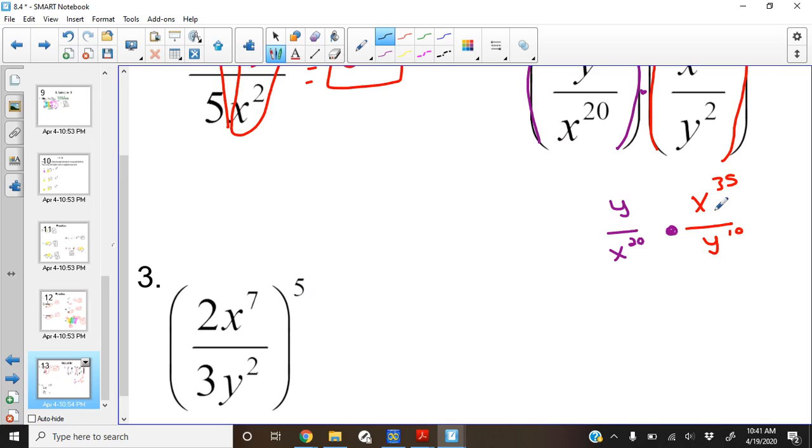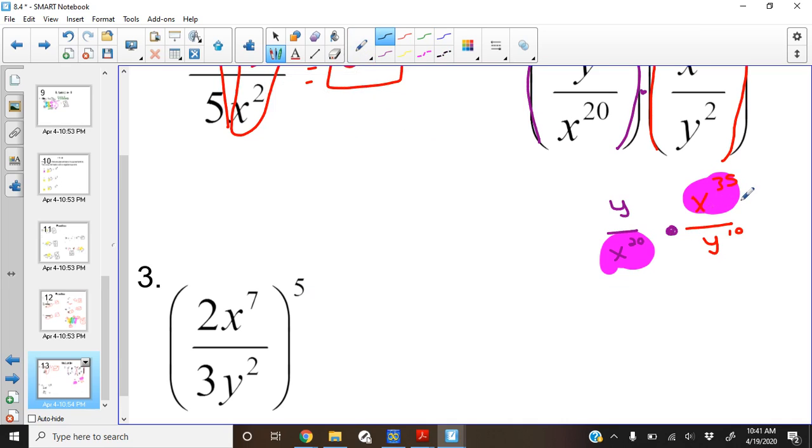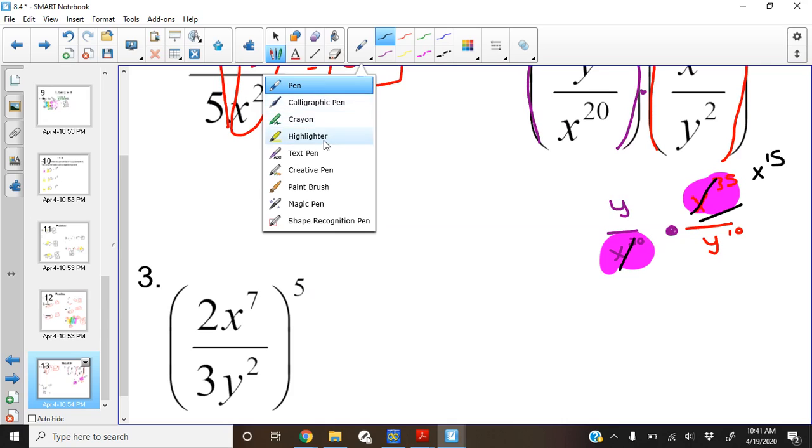So for example, x to the 35th over x to the 20th. X to the 35th is in the numerator, x to the 20th is in the denominator. So you subtract your exponents, you get 15. And where are the 15 x's left over? In the numerator. So we get x to the 15.